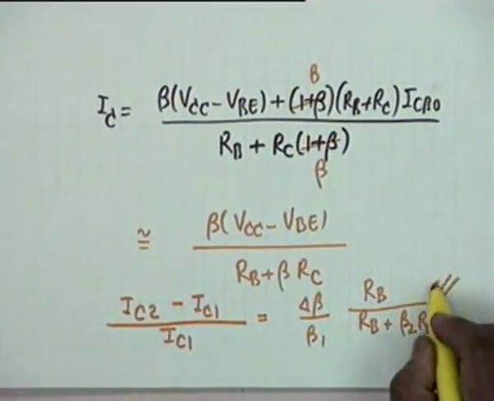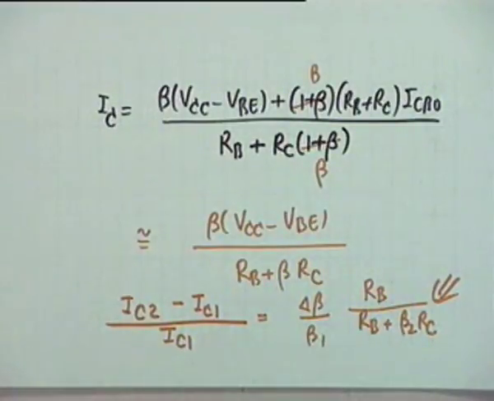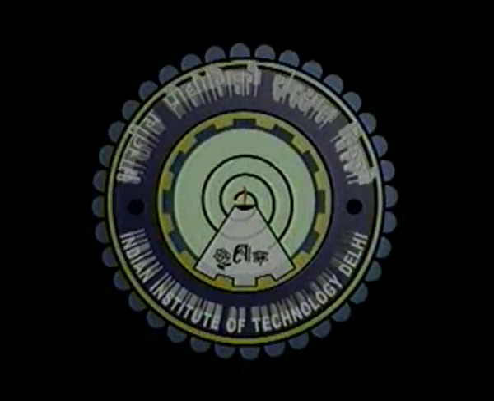This is the final expression. Okay. In the next problem session, we will work out problems on current mirrors and some more on BJT bias.